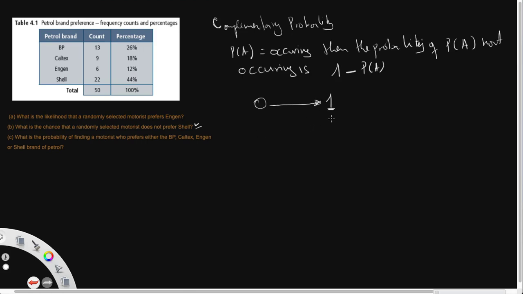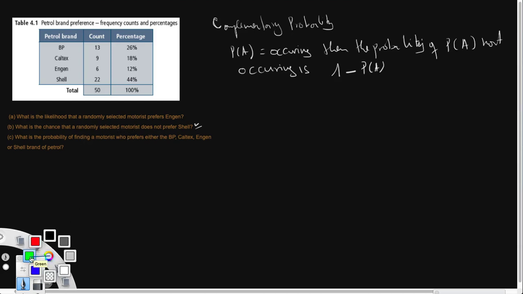If you're 100% sure, this will be 1, and if it's impossible, you will get 0. Keeping this in mind, this is how you work B, because you want to find the probability that the randomly selected motorist will not prefer Shell.